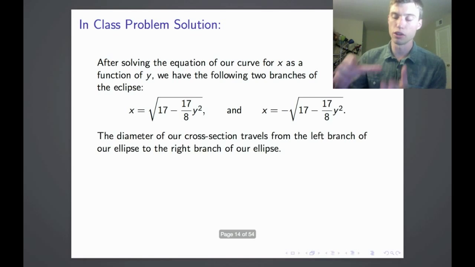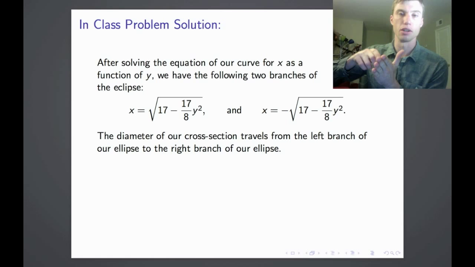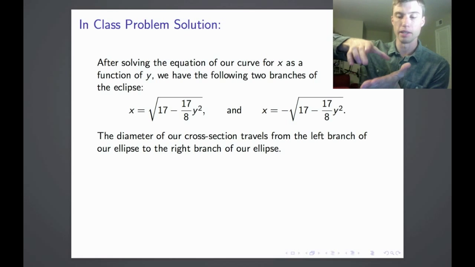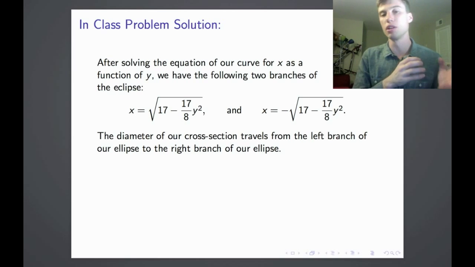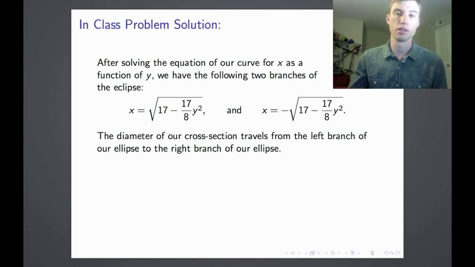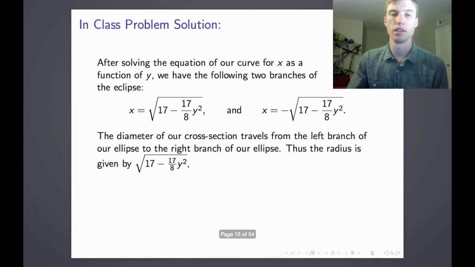So we know that the diameter of the semicircle sits along the base. So it travels from the left branch of this ellipse to the right branch. So that's the diameter. The diameter is twice the radius. So the radius is 1/2 of the difference of these two.